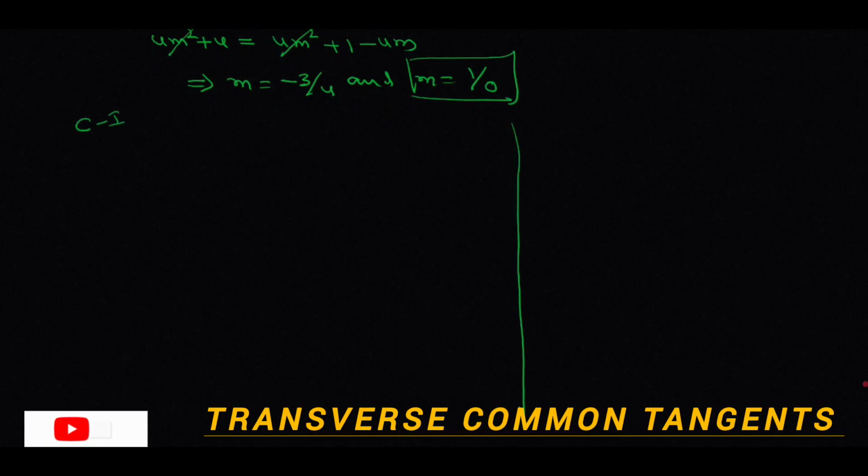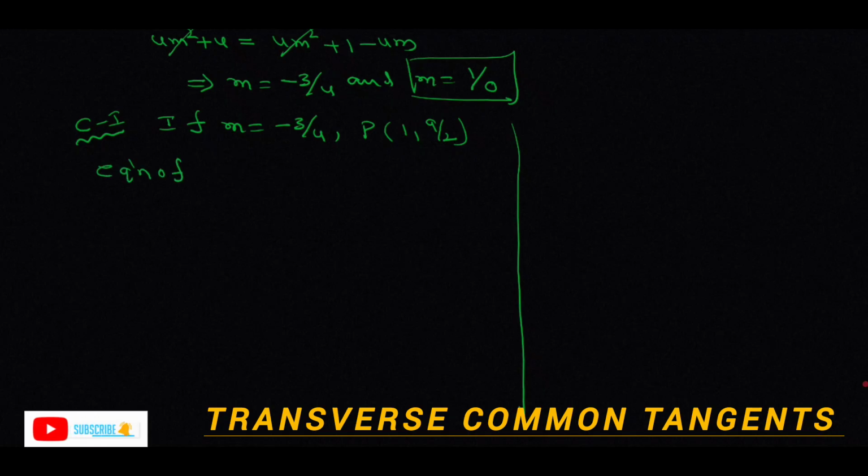Case 1: if m equals minus 3 by 4, the tangent is passing through ICS, whose value is (1, 9 by 2). Now write the equation of the tangent: y minus y1 equal to m into (x minus x1).